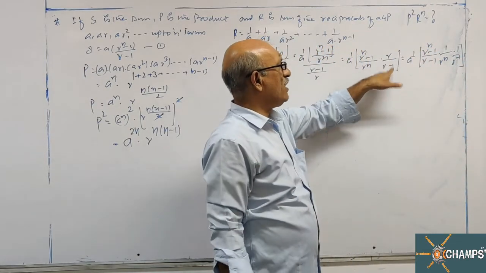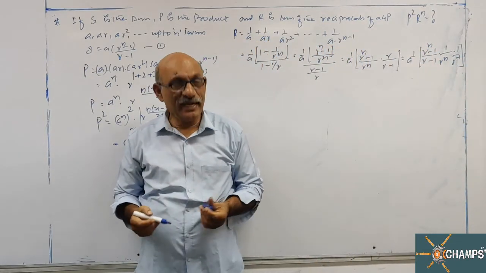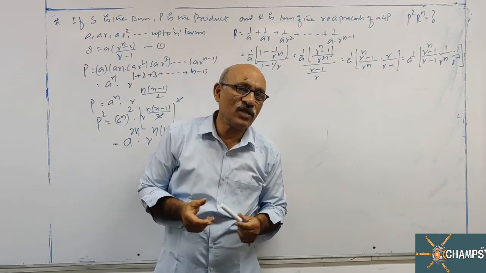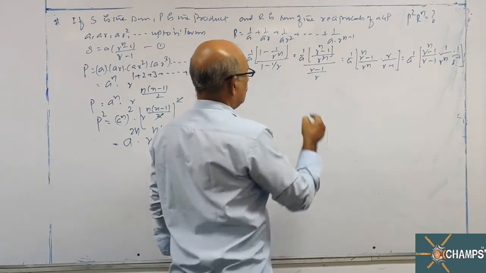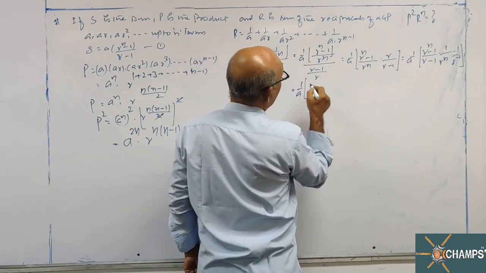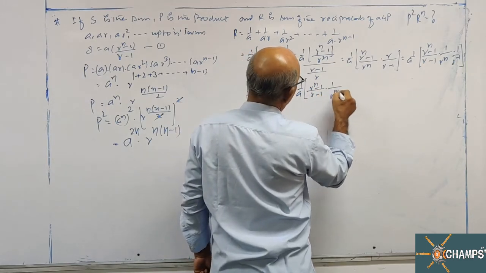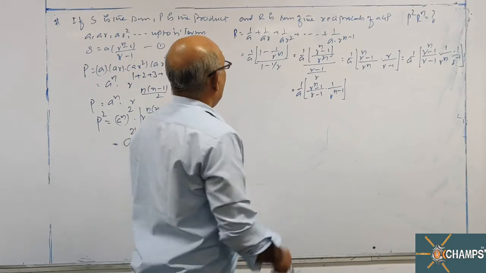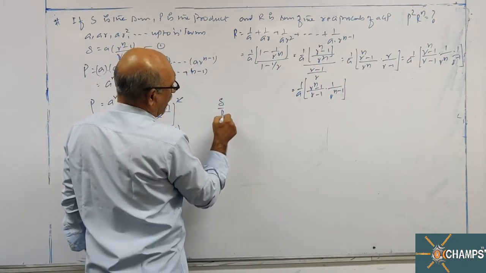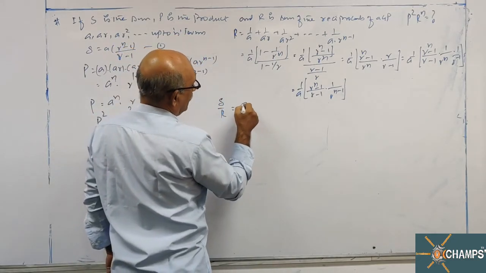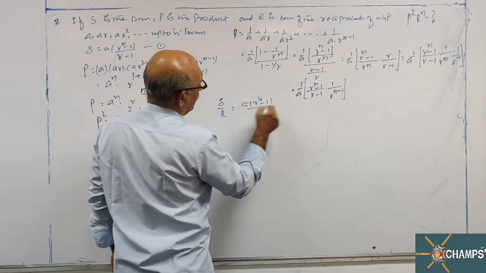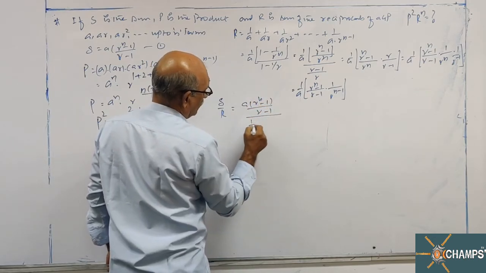Bringing this r to the denominator. If I bring r to the denominator, the sign of the power will change. So S by r is equal to a into r power n minus 1 by r minus 1.